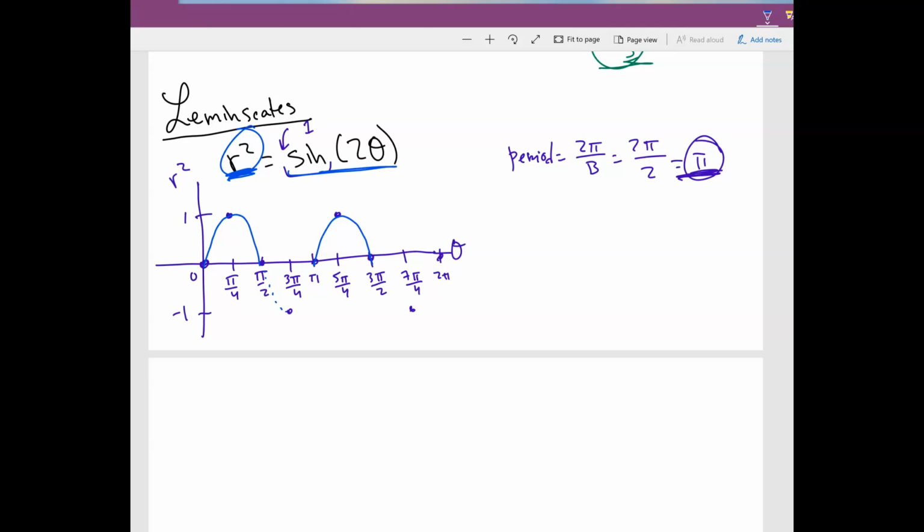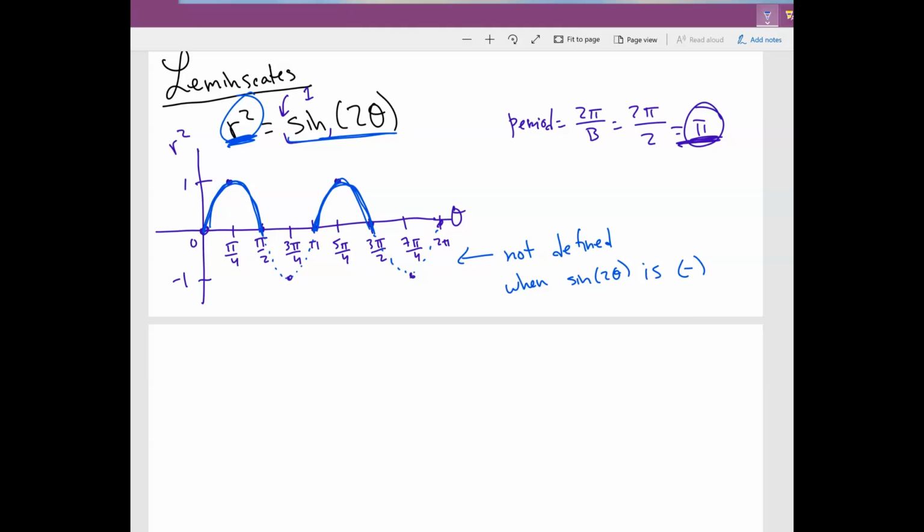So down here, it actually isn't defined. So not defined when sine of 2 theta is negative. Because remember, we're doing the square of that. And if we apply a square root to both sides, we're taking the square root of a negative number, and that just doesn't make sense. So basically, what you're only graphing is this guy, this blue part. The bottom part is really not there.